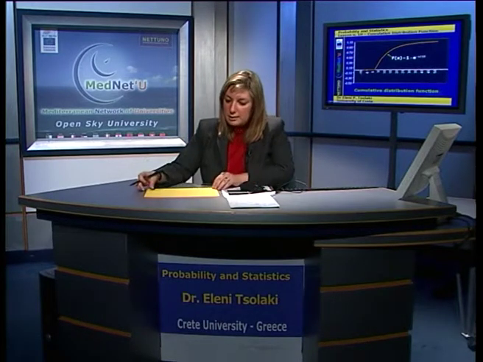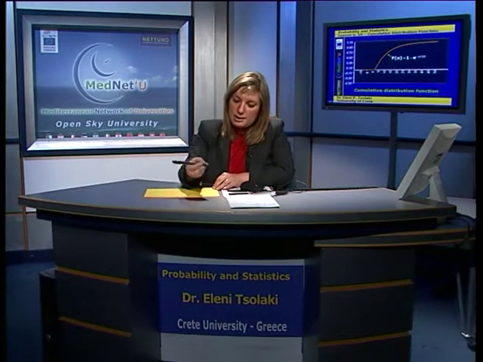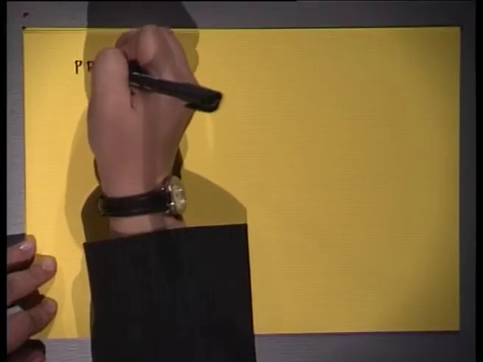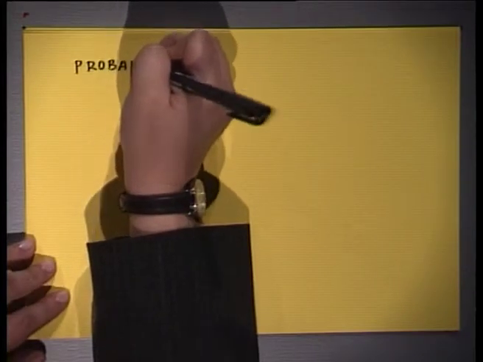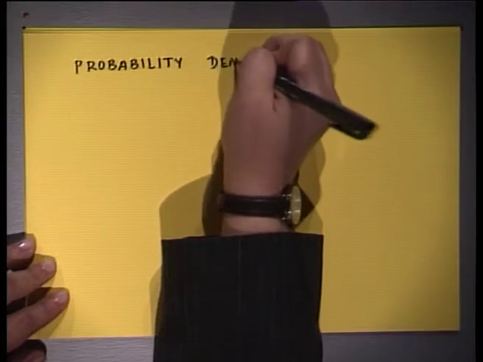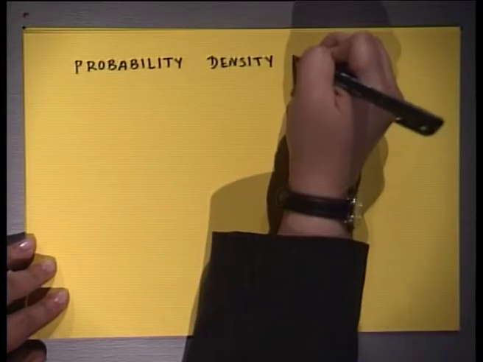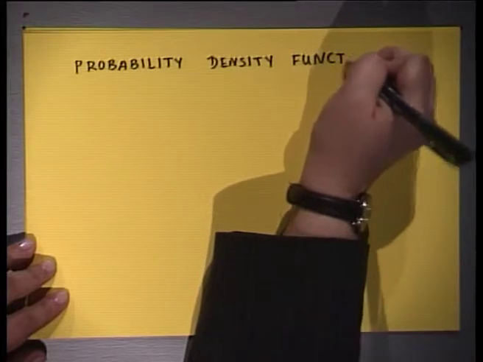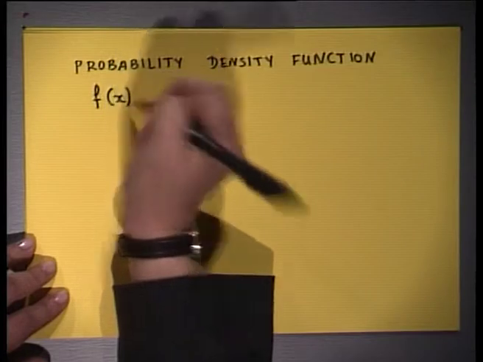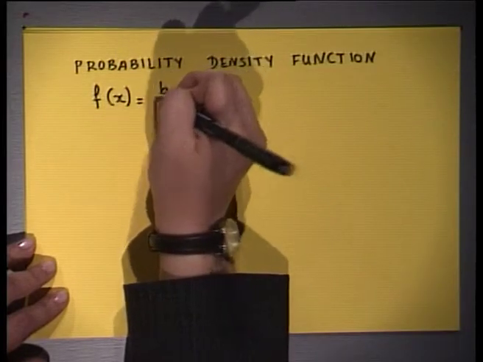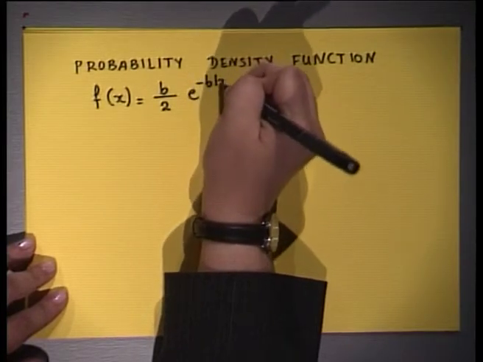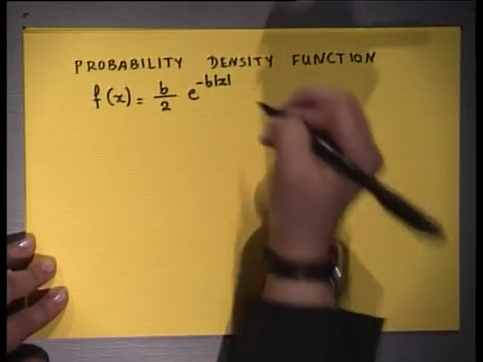Now we are going to work through an example, and we consider the example we saw in the last lesson. We have the probability density function given by f of x equals b over 2 e to the minus b absolute value of x.